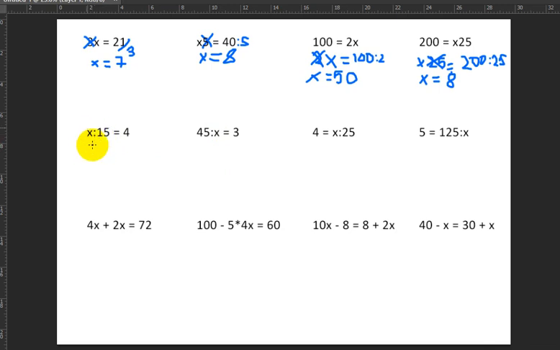Next, what happens with division? Again, we need to do to both sides of the equation the opposite of what is currently happening to x. So since right now x is being divided by 15, we need to multiply both sides by 15. This divided by 15 and this multiplied by 15 will cancel each other out.